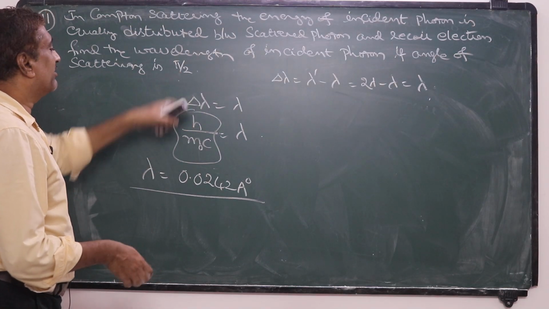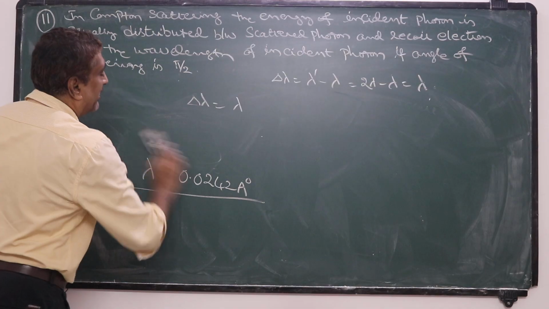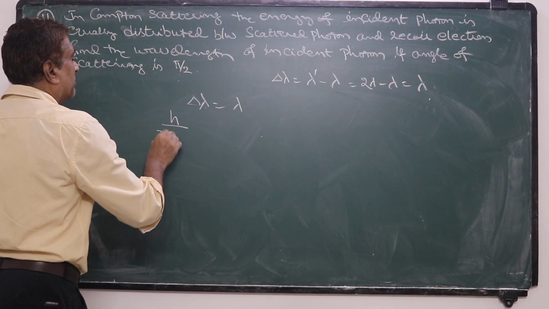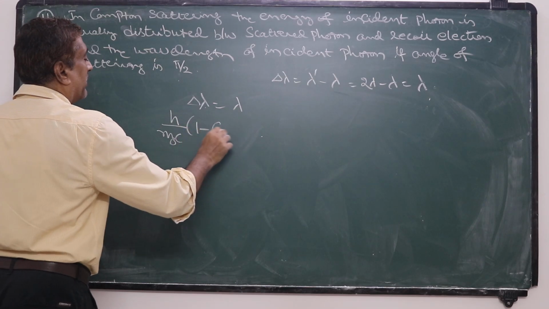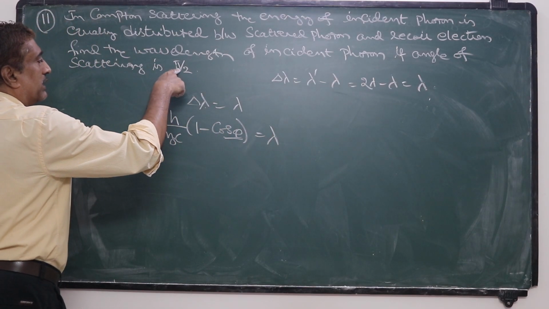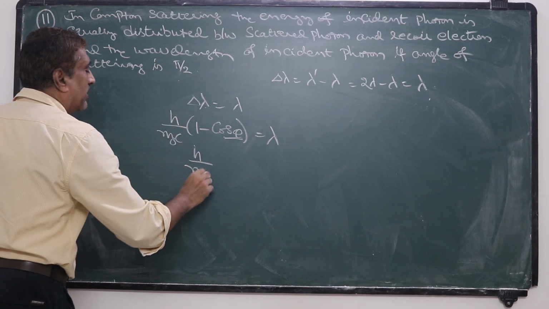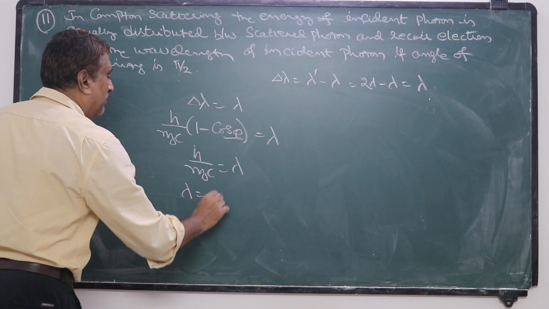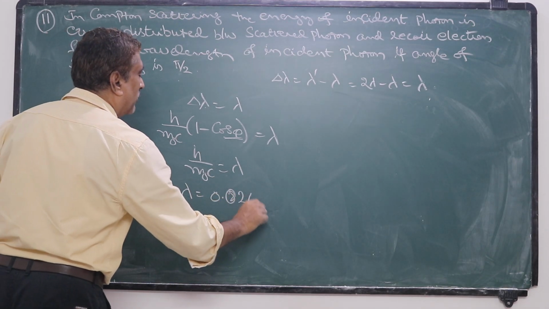Because the angle of scattering is pi by 2, we have to write like this: delta lambda is h by m naught c into 1 minus cos phi, equal to lambda. But cos phi is 0 because phi is pi by 2. So h by m naught c is equal to lambda, and h by m naught c is equal to 0.0242 Armstrong.